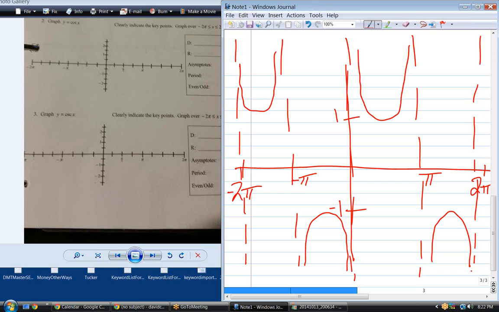Period? Hold on. Period is pi. Remember, the period is where it begins to where it begins again. So from there to there is the period. It'll be 2 pi then. 2 pi. Remember, it's 2 pi for everything but tangent and cotangent. They have periods of pi. But sine, cosine, secant, and cosecant are all 2 pi. Even, odd? Odd. Symmetrical with the origin. Okay.